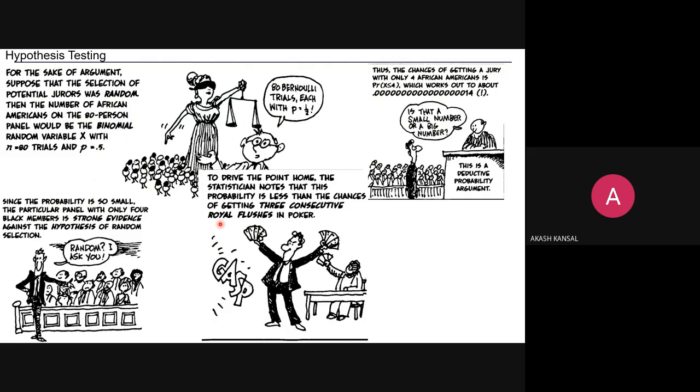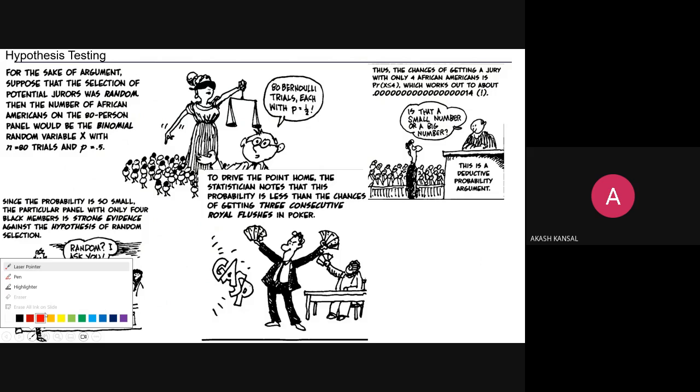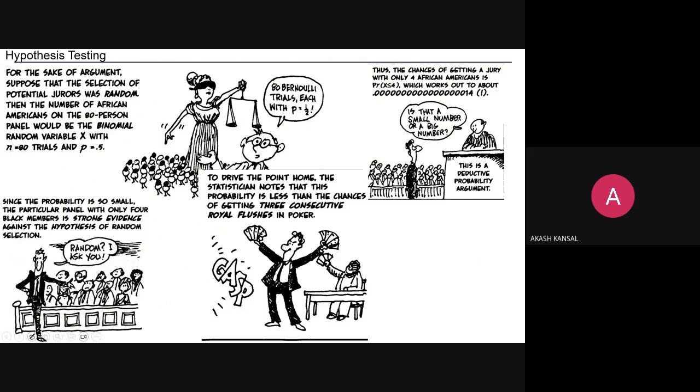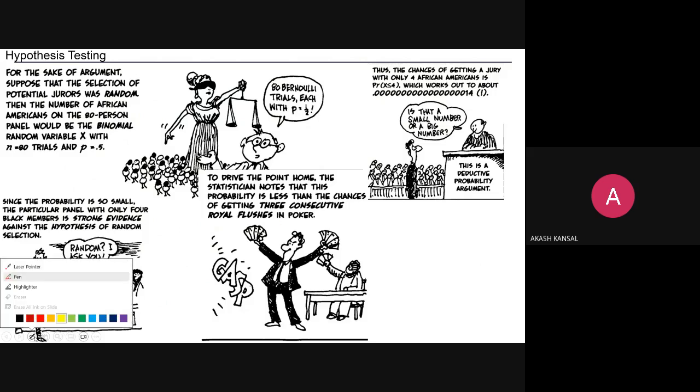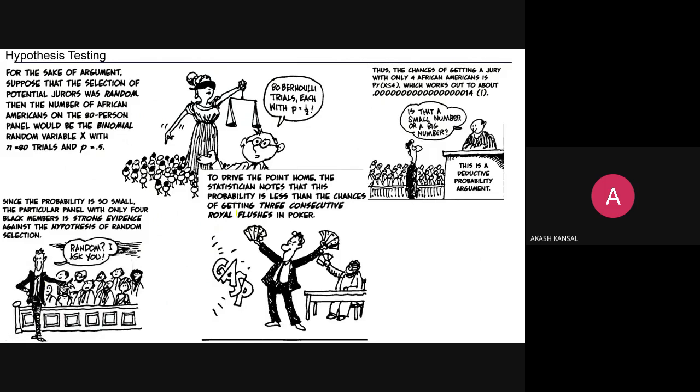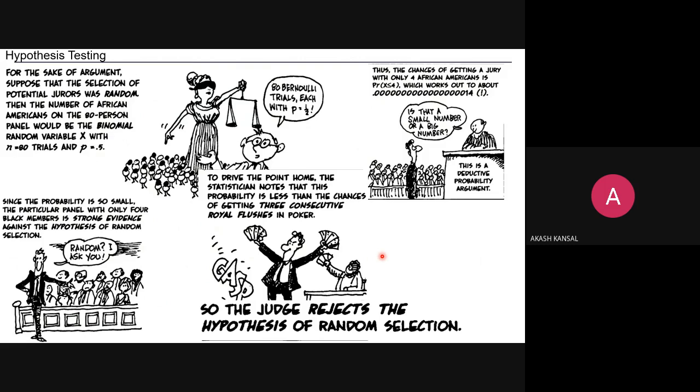A royal flush is a combination of five cards: ace, king, queen, jack, and ten. Getting three consecutive royal flushes is a very small chance, I would say, and the probability of getting an African American is even lesser than this. So the judge rejects the hypothesis of random selection.